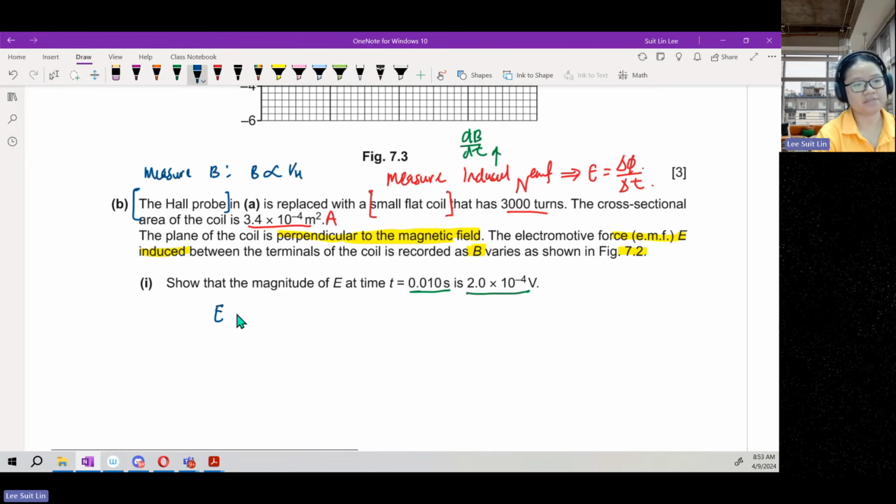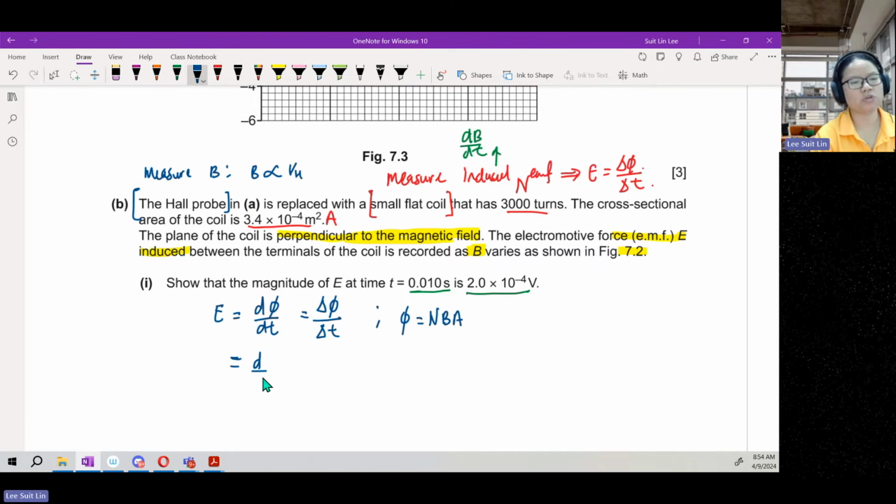Induced EMF is equal to dΦ/dt. You don't like this, you can write change in flux over change in time. But also, flux is equal to NBA. So allow me to continue with d/dt. And you know what? For accessibility, I write both.